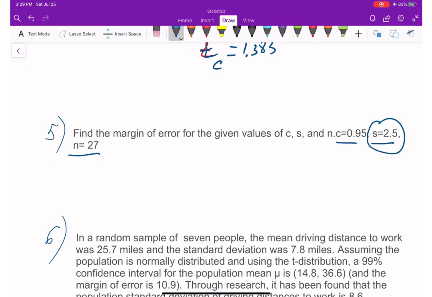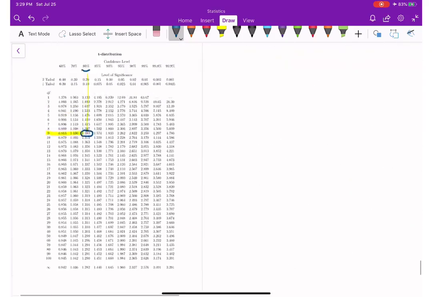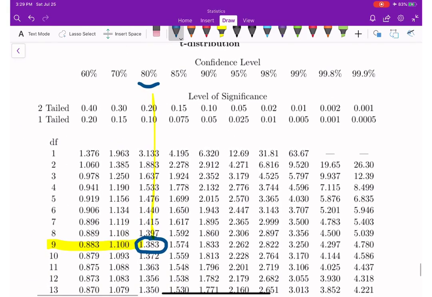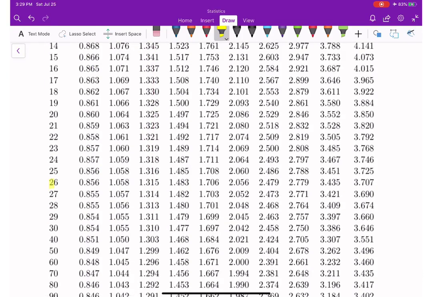But because we have s and sample size is 27, we are going to use the formula margin of error is equal to t critical times s over square root of n. So t critical for 0.95, which is this one, 95, and at 27 we need 26.